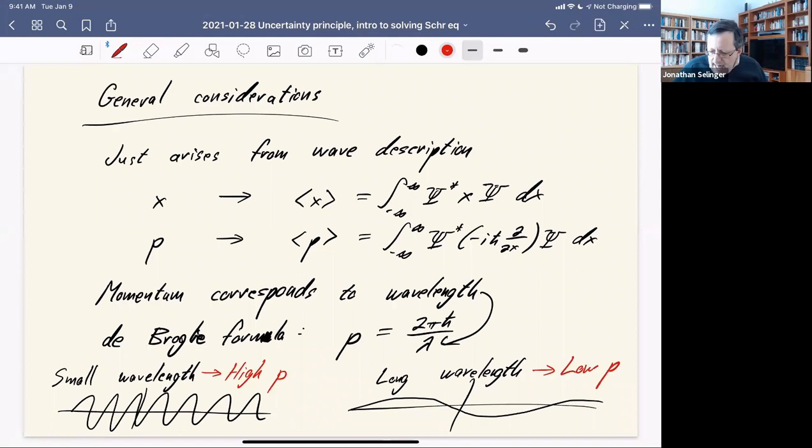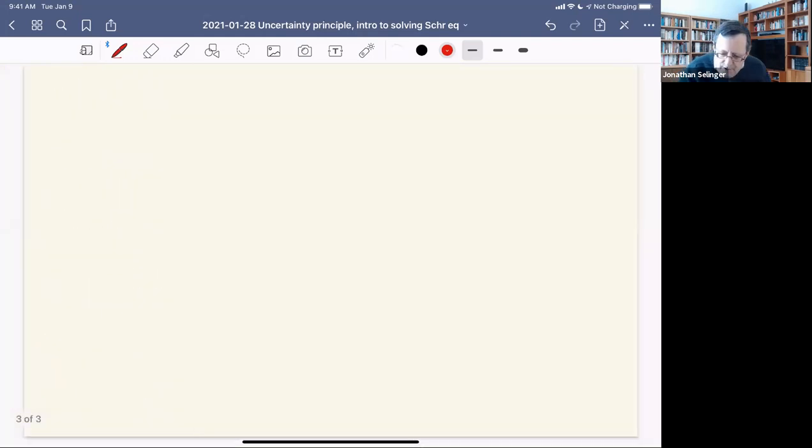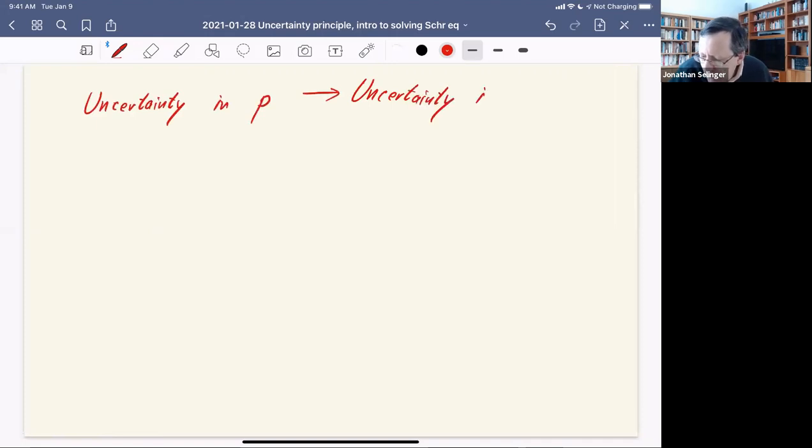And then the uncertainty in momentum corresponds to uncertainty in the wavelength. So we have to say, for a wave, how well do you know the wavelength?